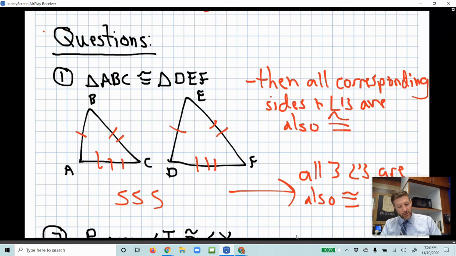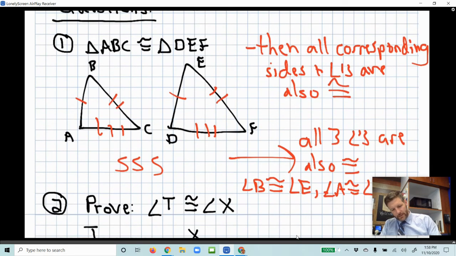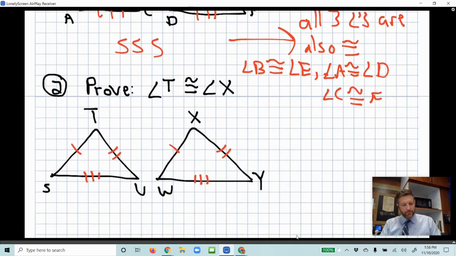Okay, so in other words, angle B must be congruent to angle E, angle A is congruent to angle D, and angle C is congruent to angle F. Okay, so again, number one, if you can prove two triangles congruent, then all the other parts must be congruent. Okay, all right, let's look at number two.